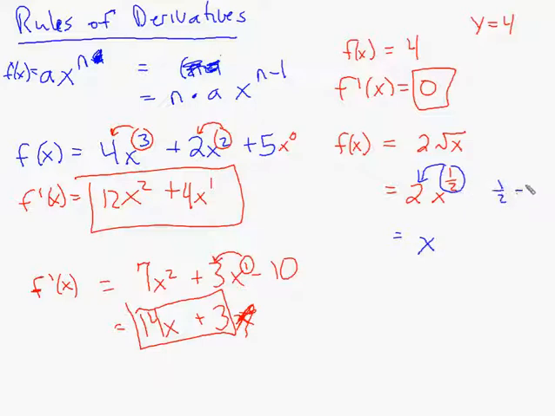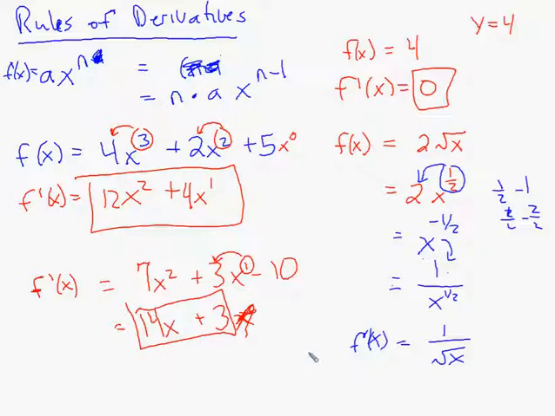Let's do one more example of that. Let's say f of x is 5 root x. Let's say this f of x is 12x to the 4th minus 3x cubed plus 9x squared plus 4x minus 7.